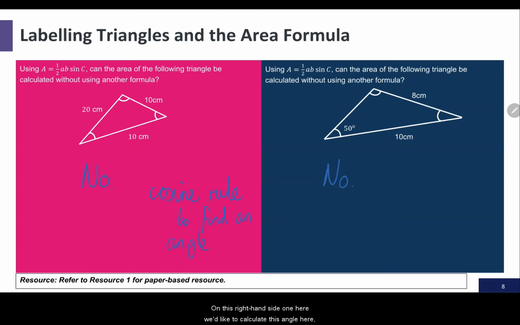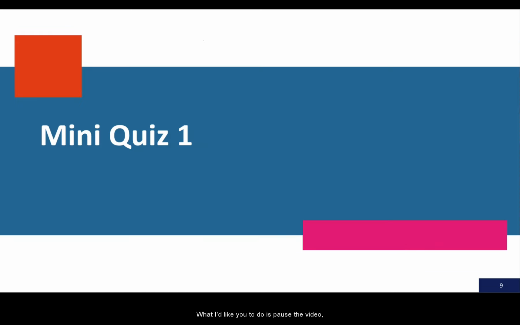On this right-hand side one here, we'd not only like to calculate this angle here, but we'd need to be able to calculate this one as well, so we'd need to use the sine rule. And then the sum of the angles of a triangle is 180 degrees. What I'd like to do is pause the video, have a go at mini quiz 1 and press play when you're finished.